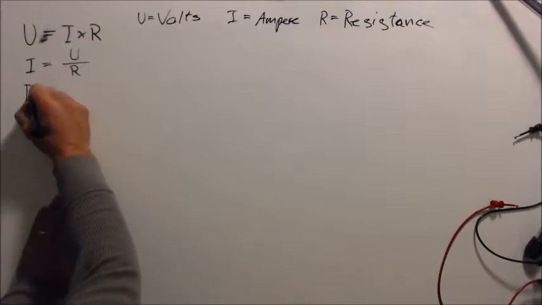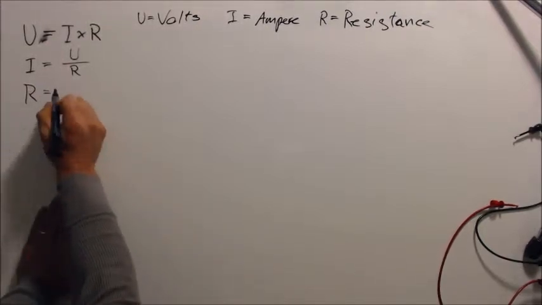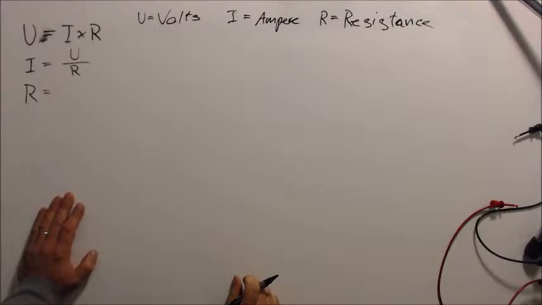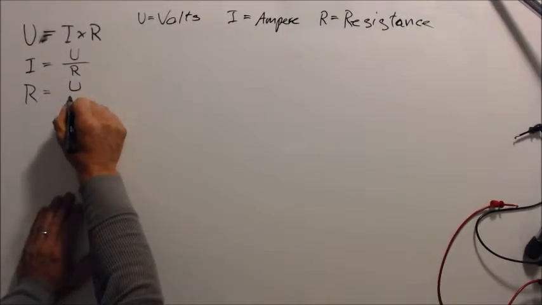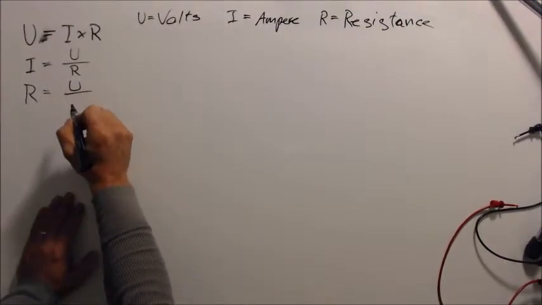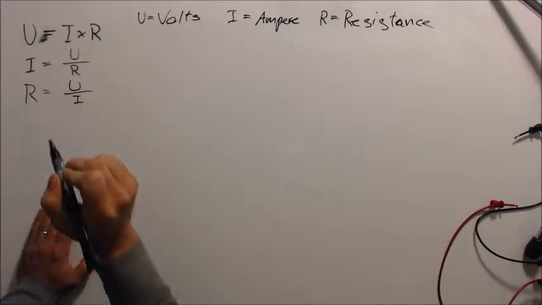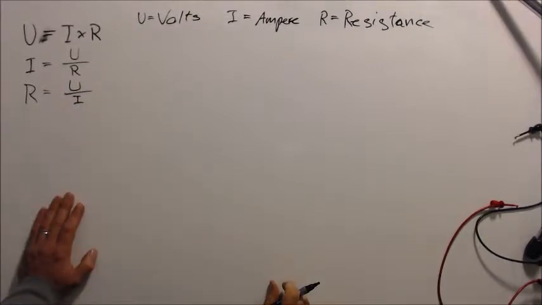And lastly, resistance will be our voltage divided by our amperage. So these are our formulas to find the unknown that we'd like to find.